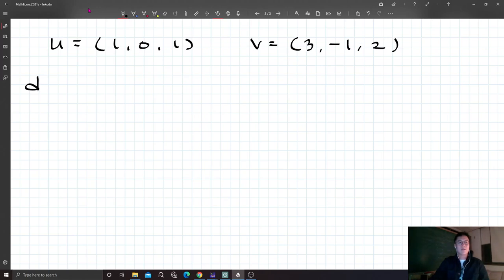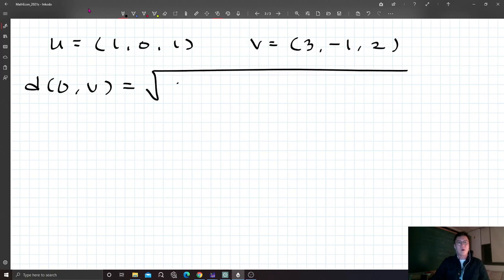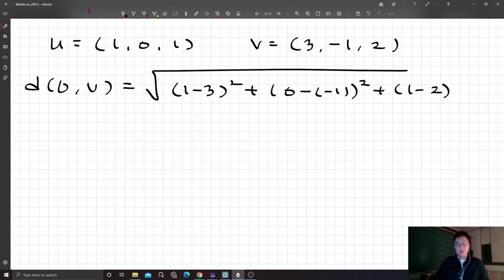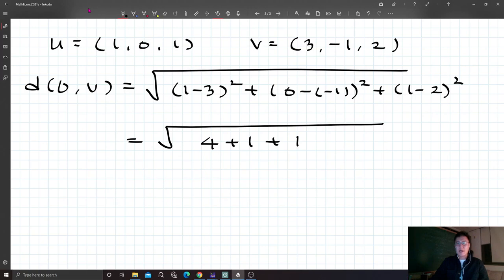Then the distance between these two is going to be the square root of (1 minus 3) squared plus (0 minus negative 1) squared and (1 minus 2) squared. So it's going to be 4 plus 1 plus 1, I guess.